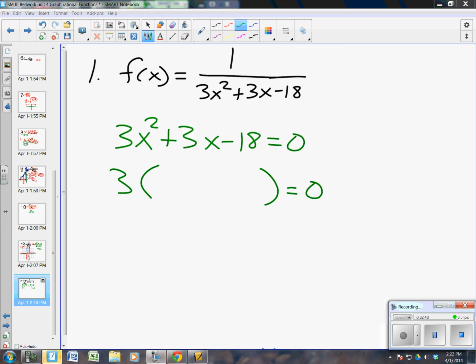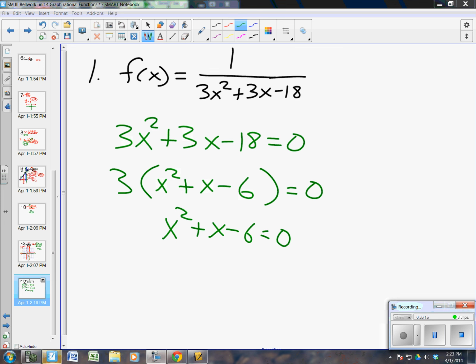If you factor a 3 out of that, what do you have? x squared plus x minus 6. Okay, so 3 times x squared plus x minus 6 equals 0. Now, since we're solving this equation, if you divided both sides by 3, what would happen to the 3? It'd be gone, right? So it comes down to solving that quadratic equation. Does that factor?